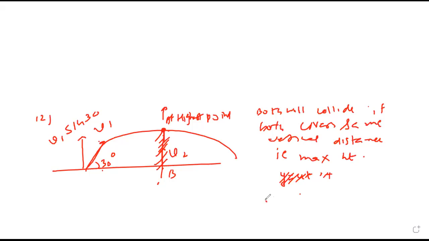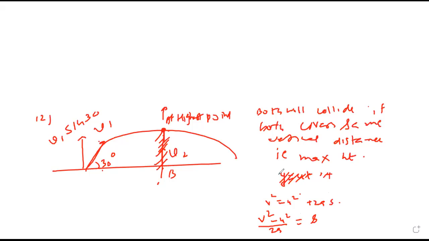V square is equal to u square plus 2as. Distance covered is the same. So if I consider this, then v square minus u square upon 2a equals s. Both are covering the same distance.